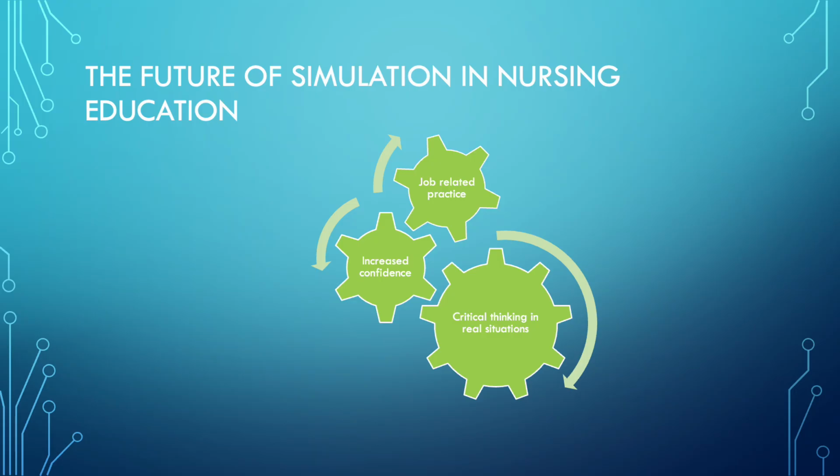And so that really helps you with your job related practice, because whenever you get on the job, you're not thinking 1, 2, 3, you're thinking, what's my next step? What is my next appropriate step?